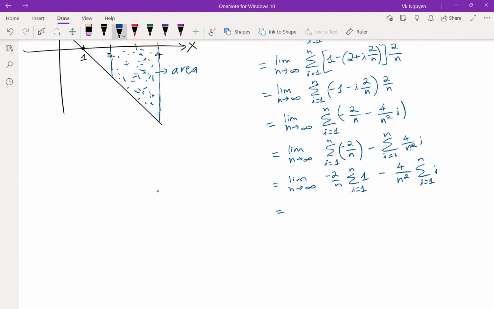And now we have limit n goes to infinity, minus 2 over n, the summation of 1 from 1 to n is n, minus 4 over n squared. Using the summation formula, we have n times n plus 1 over 2.